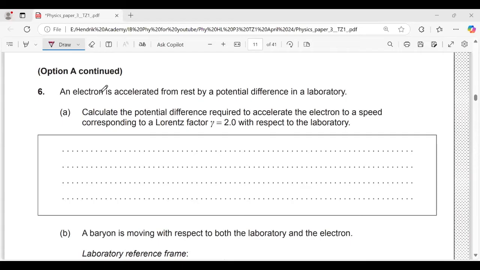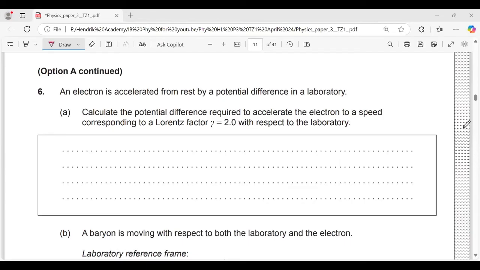Number 6. An electron is accelerated from rest by a potential difference in a laboratory. Calculate the potential difference required to accelerate the electron to a speed corresponding to a Lorentz factor gamma equal to 2.0 with respect to the laboratory.